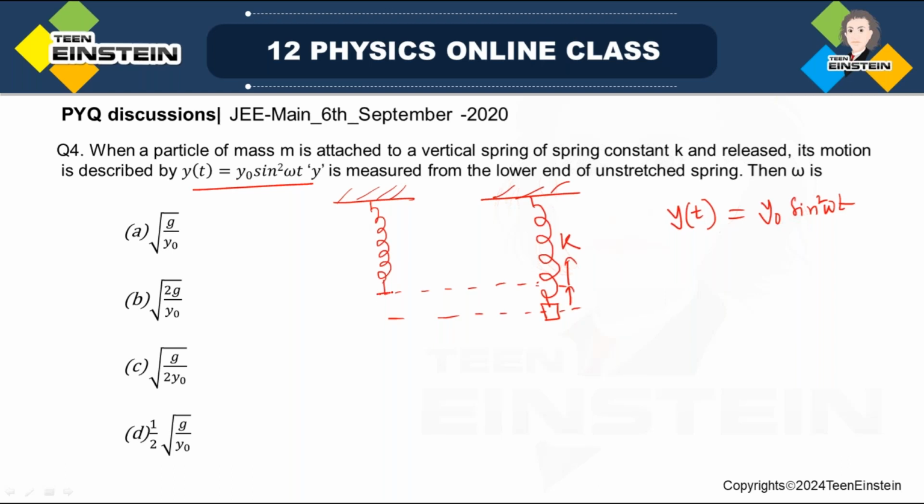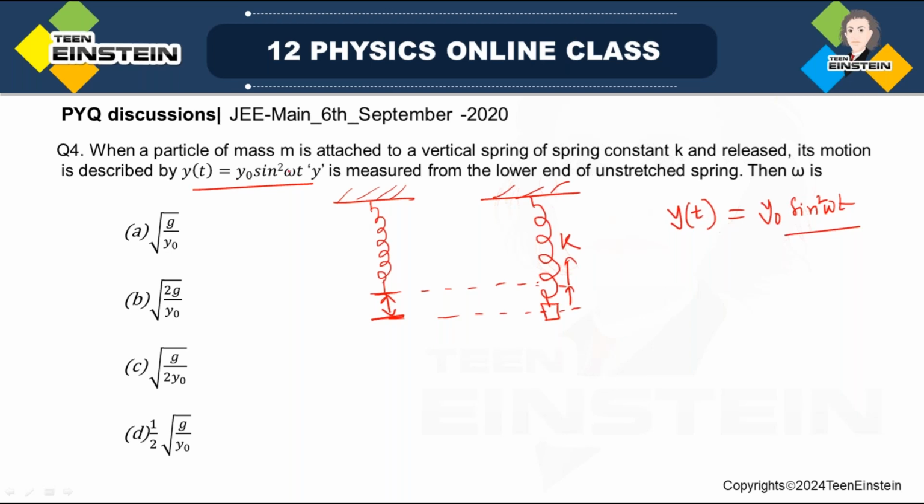Lower end means the normal length of the spring from there to this. This distance is given. At any instant of time, it varies actually. So the question is, then omega is equal to what? You have to find out the angular frequency.